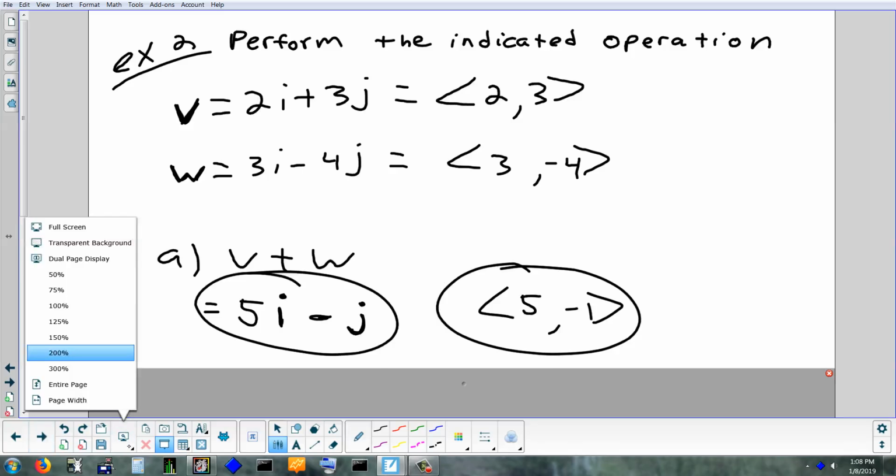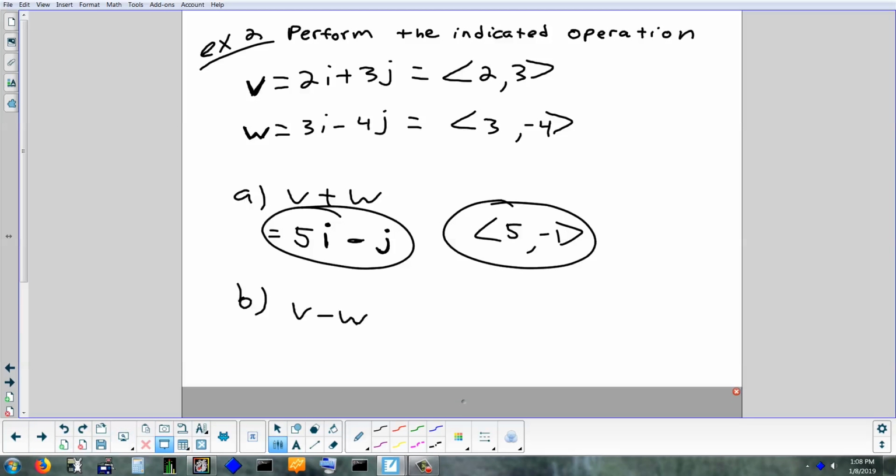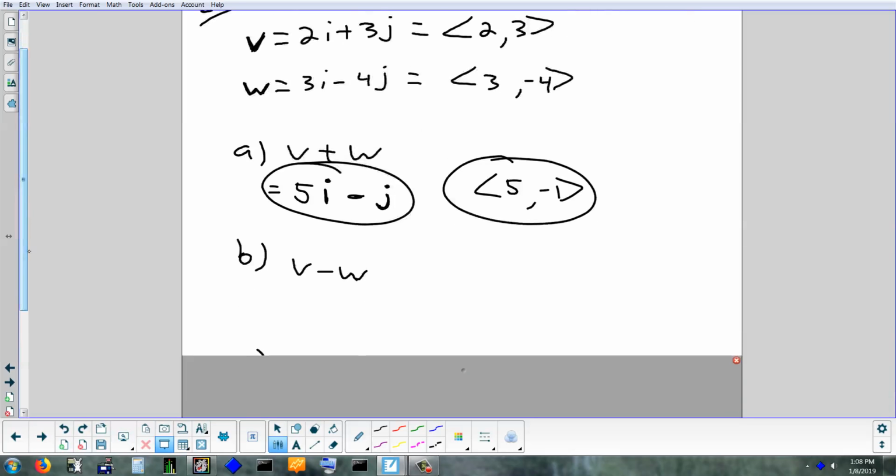Okay, let's look at v minus w. Same idea, this time we're just subtracting. If I subtract, I have to make sure I get the order right. So when I subtract v minus w, what's the number with i going to be?